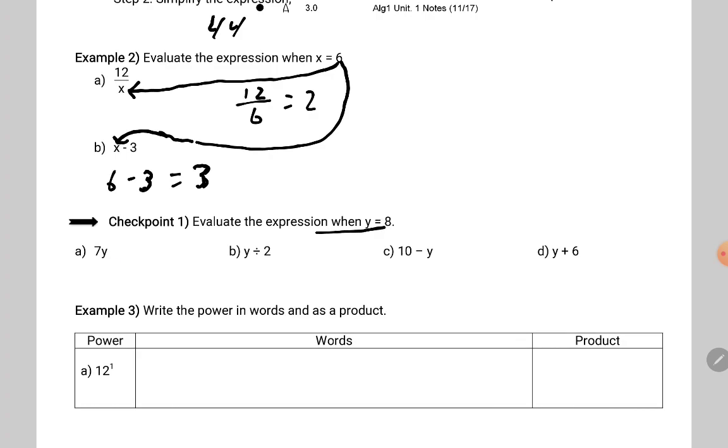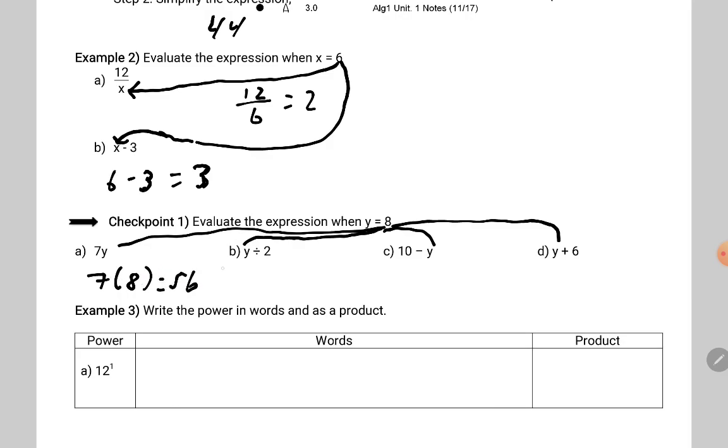So once again, we're going to replace all our y's with 8. Okay. So we're going to rewrite the problem. 7 times 8. So that's another way to look at it. You can put parentheses, or you can put the dot. So this is 56. 8 divided by 2.